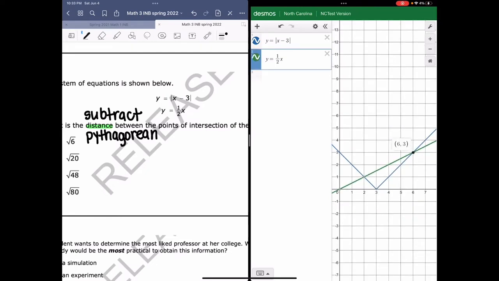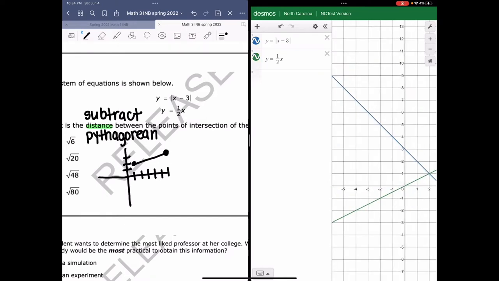I'm just going to draw a general graph here. So we have 1, 2 as our first point of intersection, and then we have 6 and 3. They want to know the distance between those two. So yes, we are going to have to do Pythagorean theorem here.